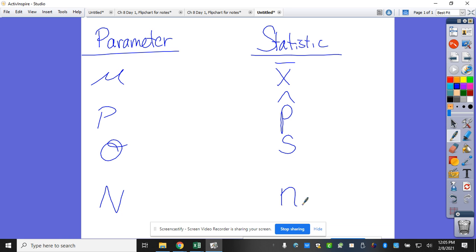What does it mean to be a parameter? A number that describes the population. What does it mean to be a statistic? A number that describes the sample. Usually if I'm trying to figure out which one is which, it'll give you a sample size and it'll say of this group, this is your mean. That's how you know that it's that one and not this one.